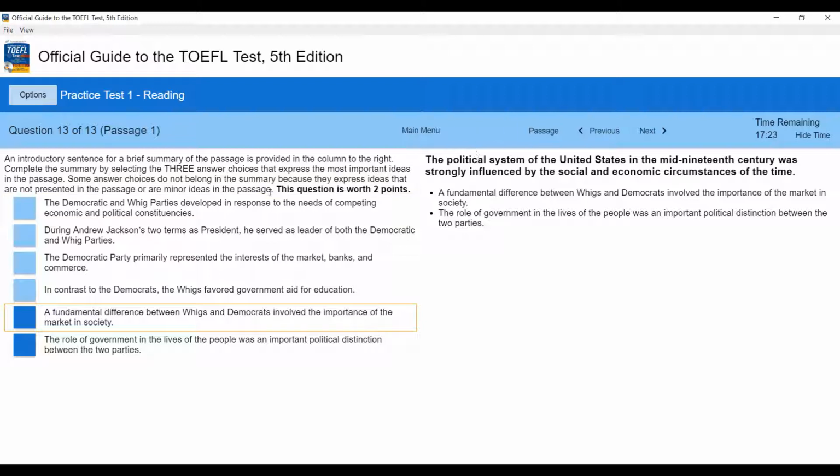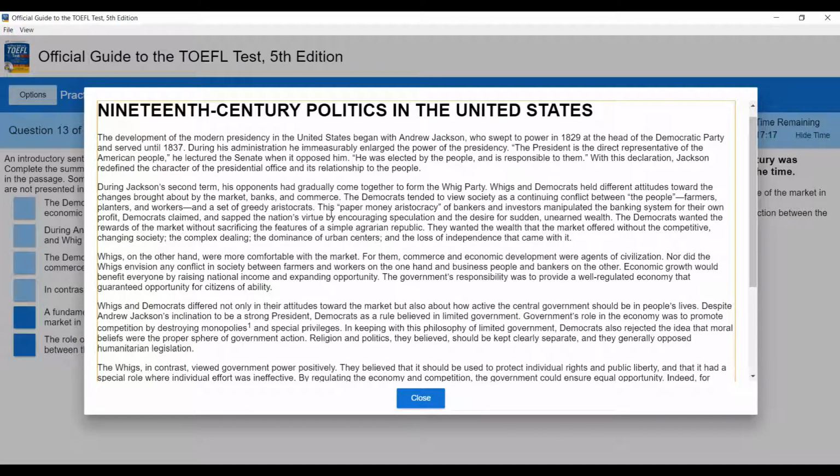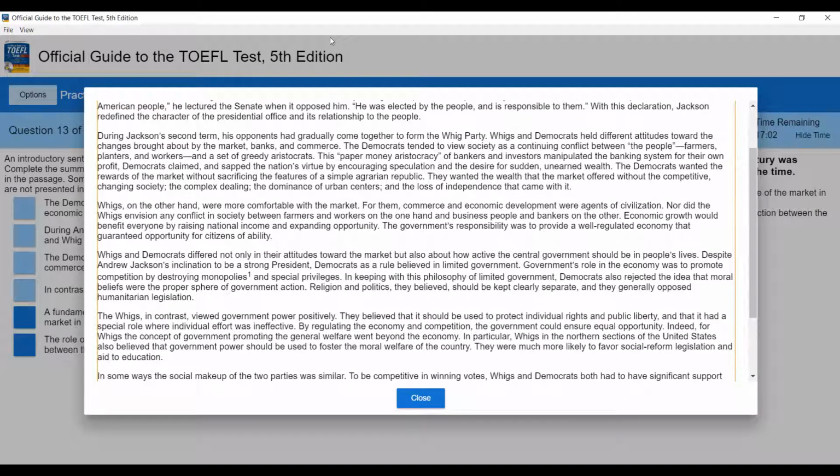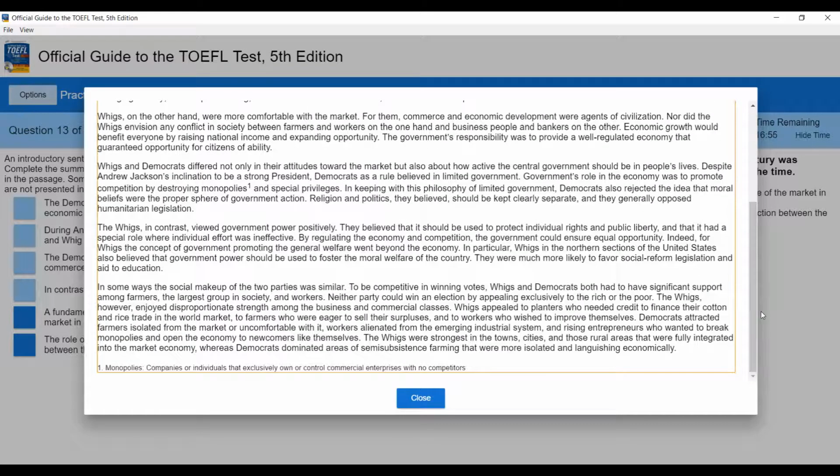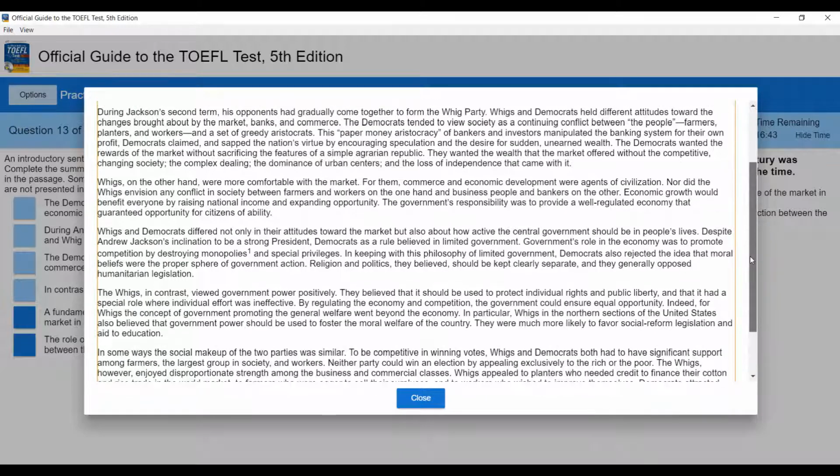I'm going to take a look at the passage again, see if this would be A. Close that again.